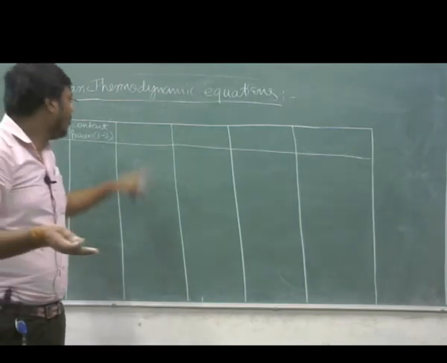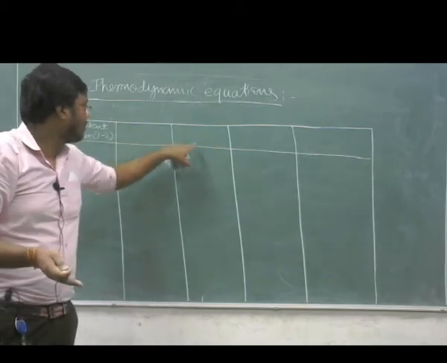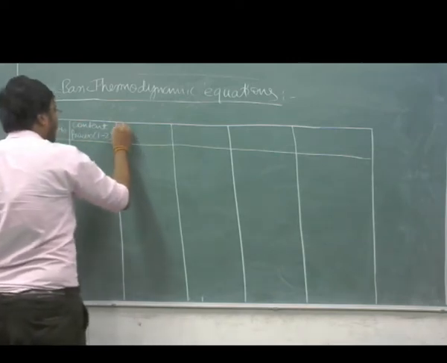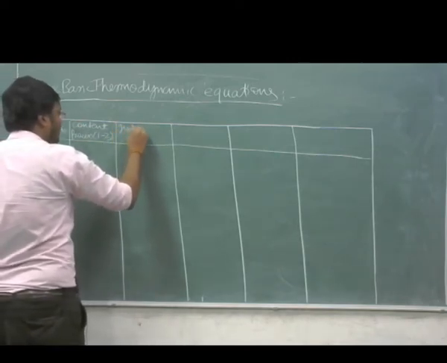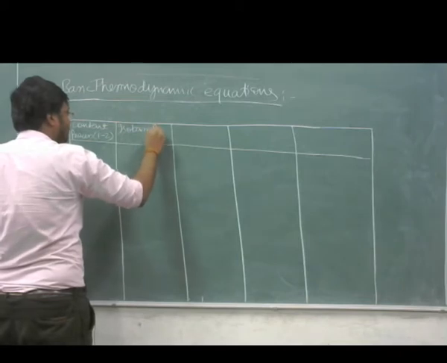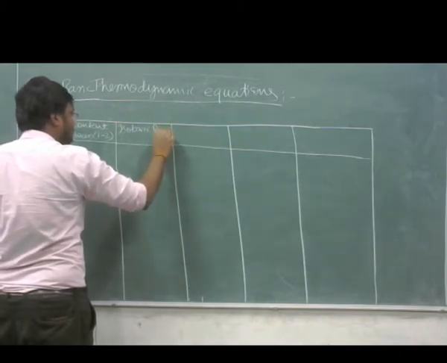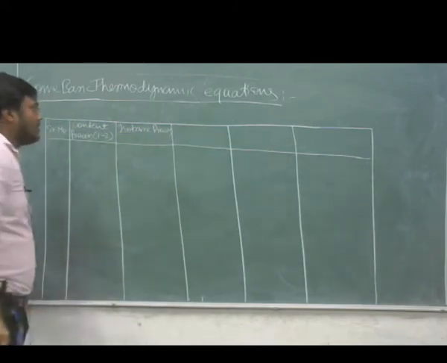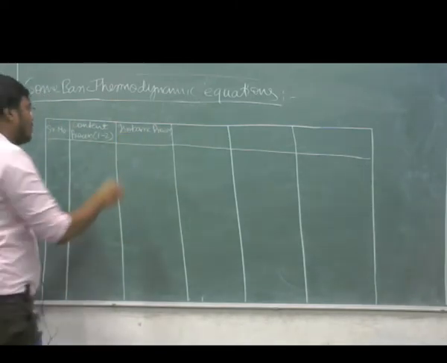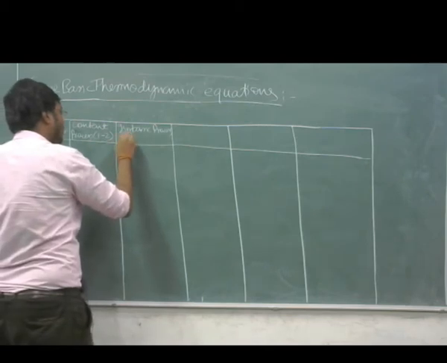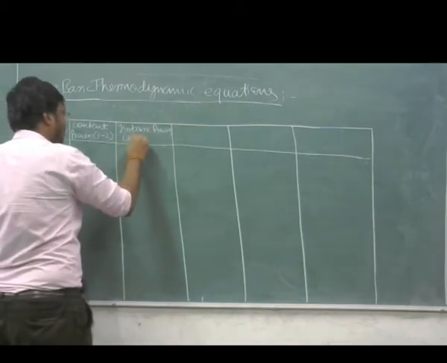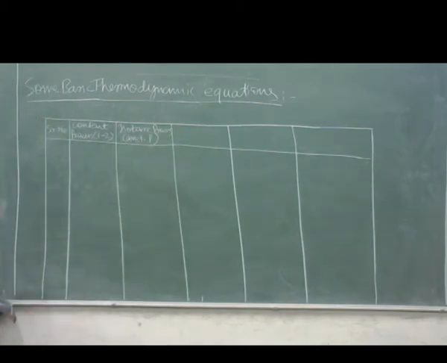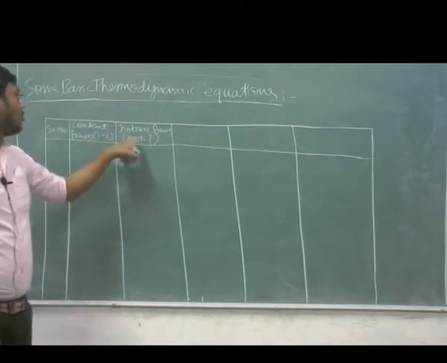We are going to write four important processes. First is the isobaric process, also known as the constant pressure process. Pressure is constant.